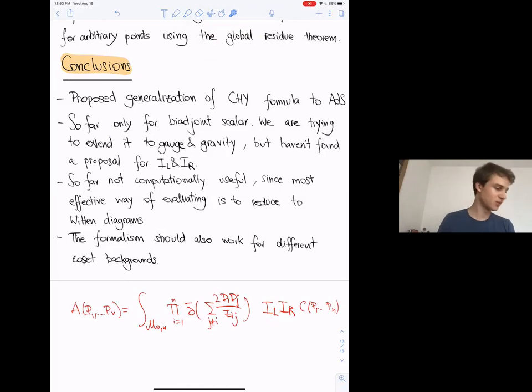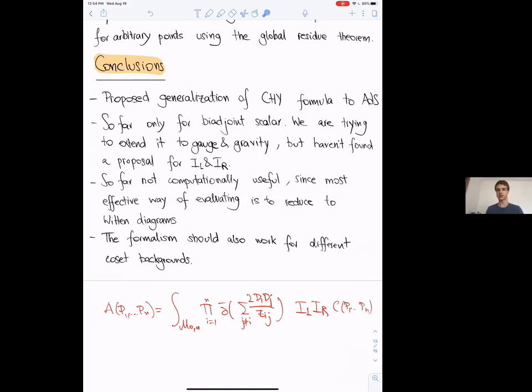So what we tried for a long time is just to do the naive thing and take the Pfaffian and replace all the KIs by DIs. But you always run into problems that the DIs are the conformal generators, they don't commute. So you end up with some matrix with non-commuting entries. And so in the Pfaffian, you don't know in which order you should write these terms, and that actually matters. So until now, we haven't found a proposal.